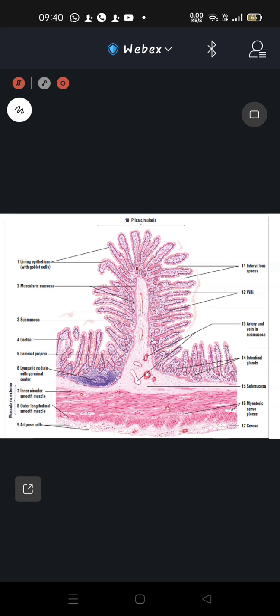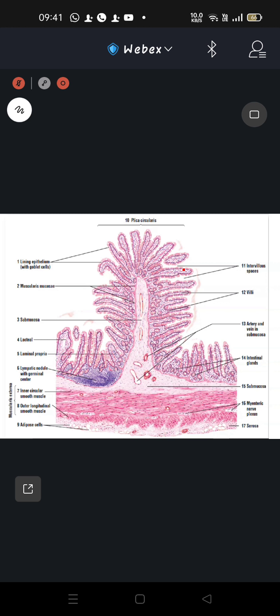So the lamina propria is exvaginating, and they are lined by the lining epithelium, having enterocytes, which are simple columnar epithelium, and goblet cells. Both the enterocytes and the goblet cells form the lining epithelium. And the goblet cells here are more than that of the duodenum. The number of goblet cells is increasing.